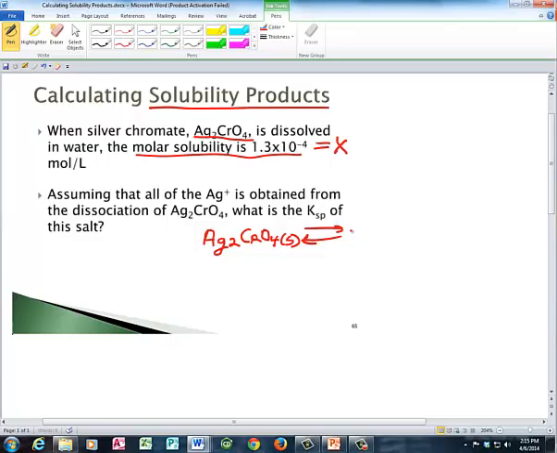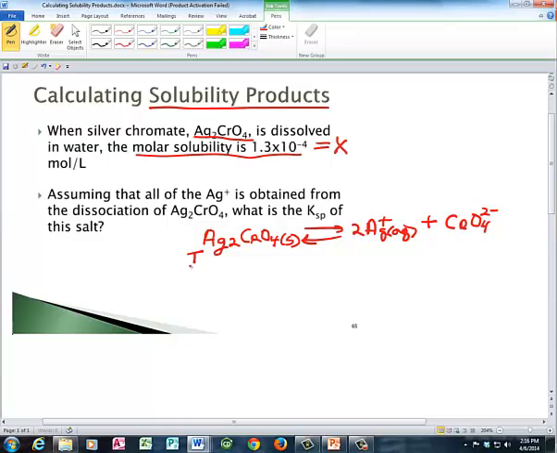Most silver compounds are. It'll dissociate into 2 Ag+ in aqueous solution. Not completely. Remember, I'm only getting a tiny bit of these products. 1.3 times 10 to the minus 4 is equal to X, and this is going to be chromate, CrO4 2-. Just a little bit of this stuff.